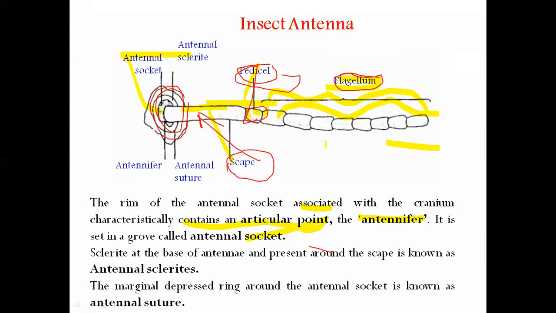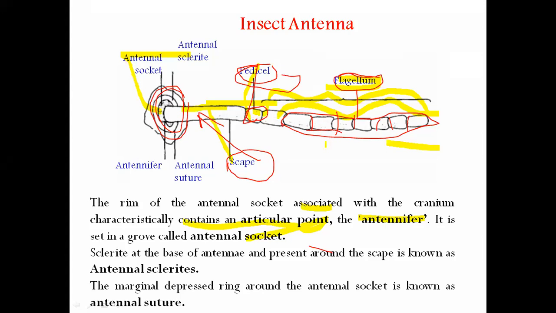It varies in shape, and the number of segments also varies depending on the insect. Not every insect has a single-segmented antenna; many insects have segmentation, varying in shape and size. All the remaining segments with variable number are called the flagellum.